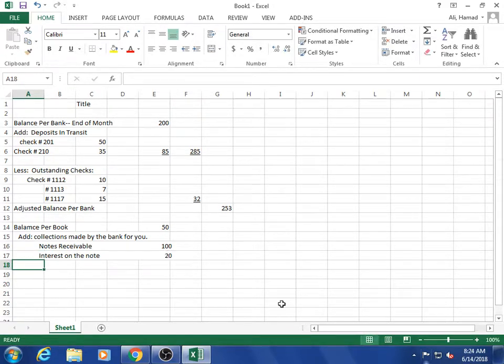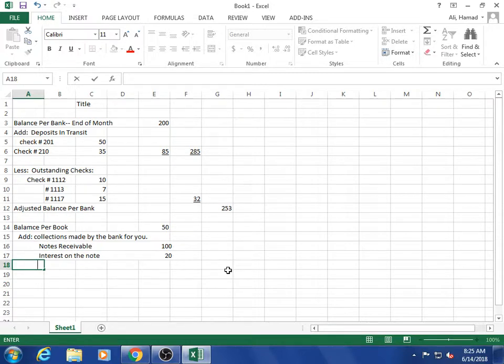What else can the bank collect for you? Interest income. What's the difference between interest income and this interest? The interest may be from the money that you put in the bank and let sit over time. Exactly. So we're going to say interest income.